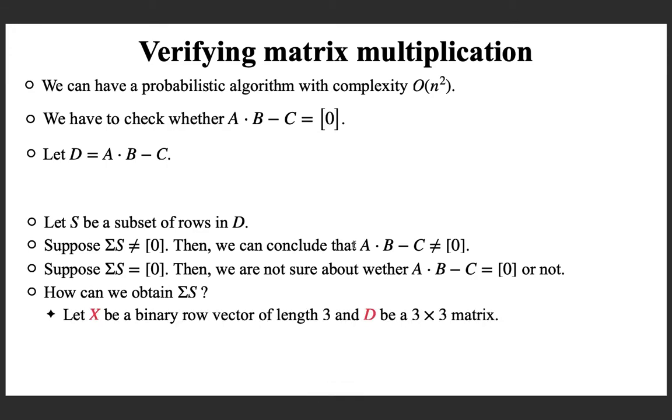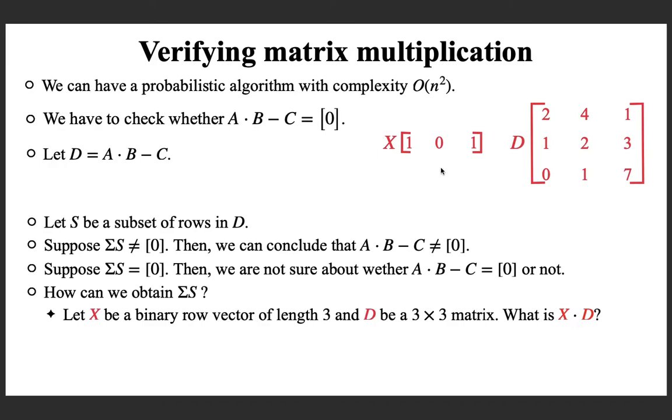So I can tell you an idea, which is what is explained in the textbook. Let X be a binary row vector of length 3, which is the dimension of each of these matrices, and D be a 3 by 3 matrix, any 3 by 3 matrix.